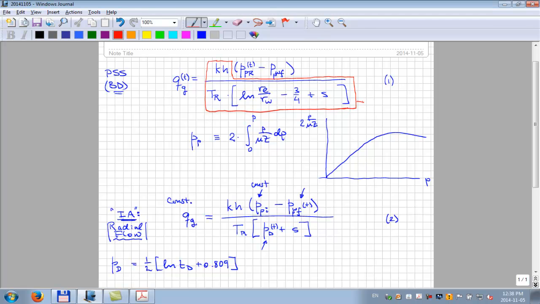So that's a constant. Okay? It includes this all-important permeability, thickness product, reservoir temperature, and the geometry and potentially some skin. Now in theory, that constant is constant forever, for all times, for any time greater than 0. Should never change for a gas well.